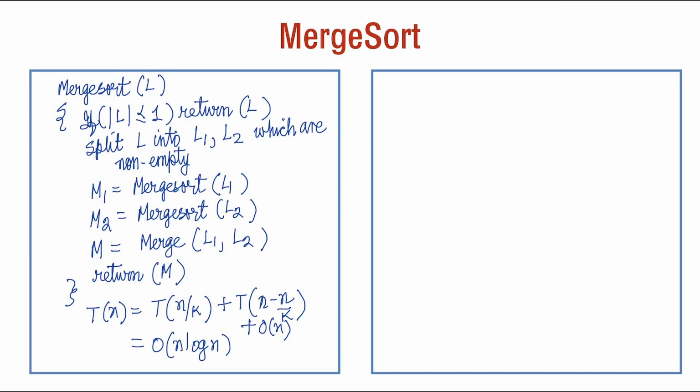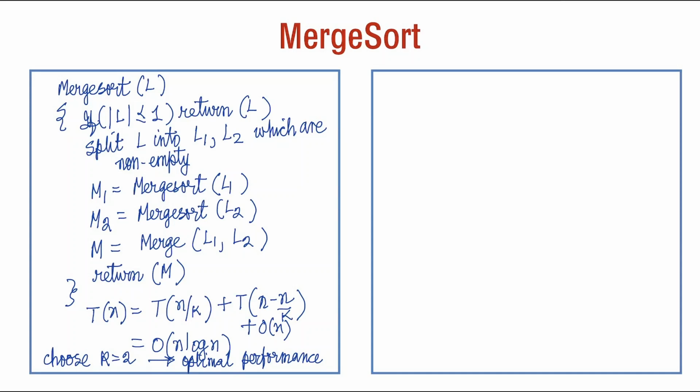If we choose k equal to 2, then it gives optimal performance. So now all we need to do is to do this merge algorithm in order n time, and we have discussed this in our tutorials.